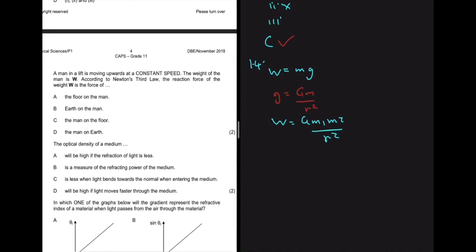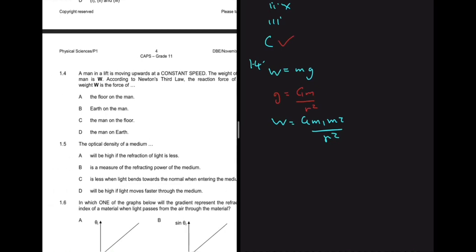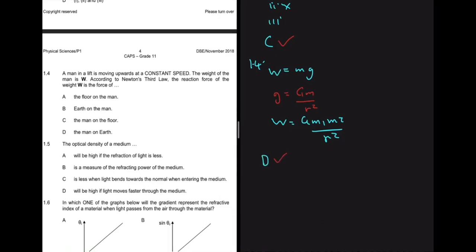So we experience the weight because we are also exerting a force on the earth, right? So the reaction force of weight is the force of the man on the earth, and the reaction force of the man on the earth is the weight, right? So our answer for 1.4 will therefore be option D, right? The reaction force of the weight is the man on the earth. The reaction force of the man on the earth is the weight, right?